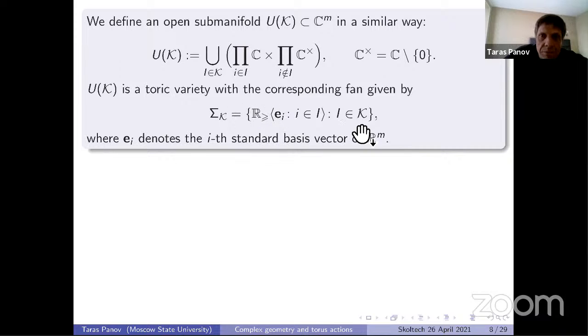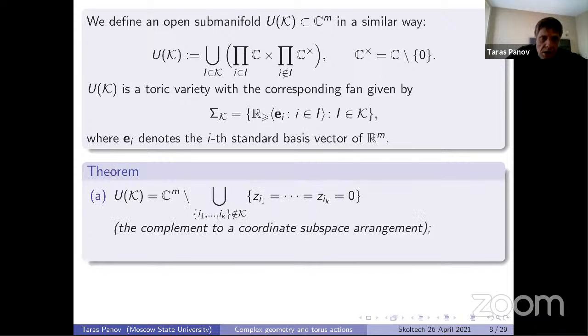So if you look at the simplicial complex and you take the positive spans of coordinate vectors corresponding to vertices in your simplices, so it's like the coordinate fan consisting of coordinate cones, then the corresponding toric variety is precisely this one, and those subproducts are its affine cover. So those are affine toric varieties corresponding to single cones in your fan.